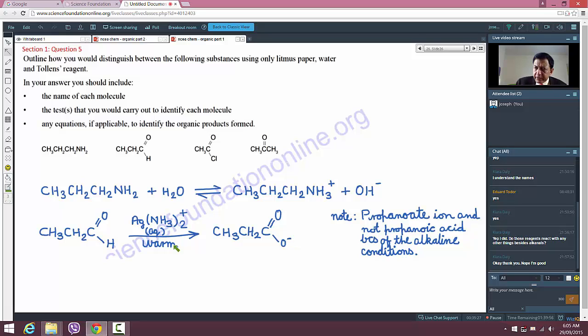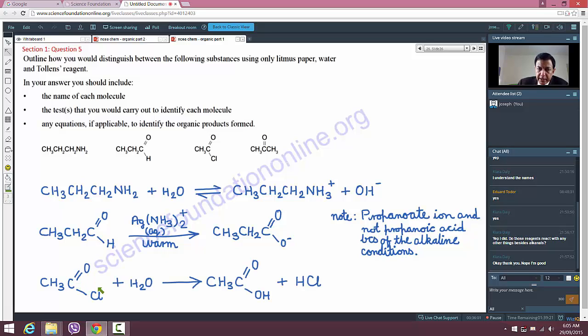Now, by the way, I think in your suggested answers to the exam paper questions, that was one where it was wrong. They actually put the hydrogen there. But when you explain it like this, they'll see that this is in fact the correct situation because it is the propanoate ion under the alkaline condition.